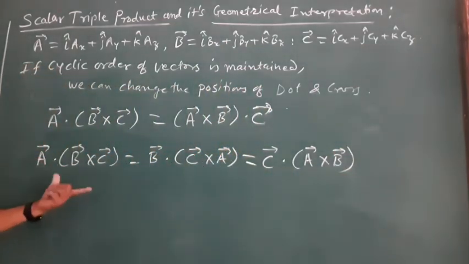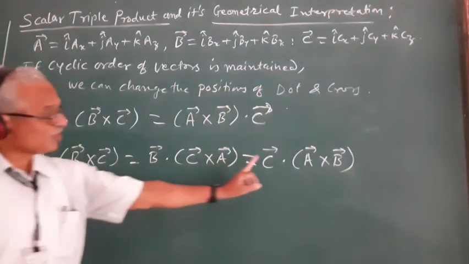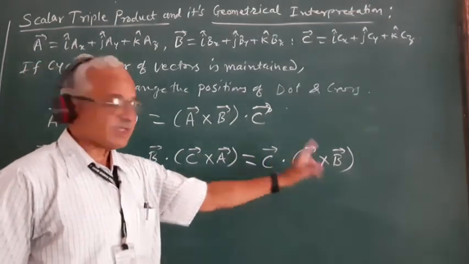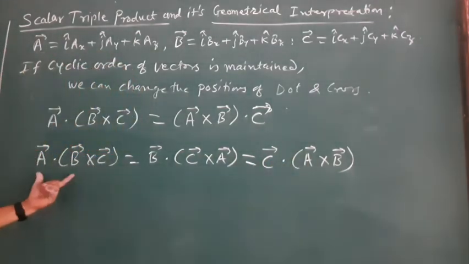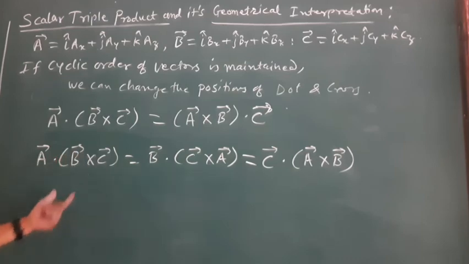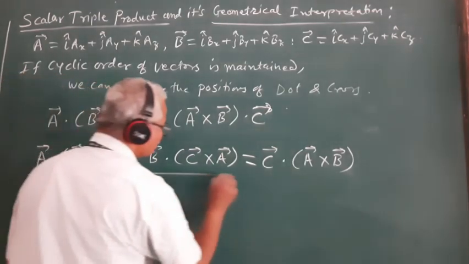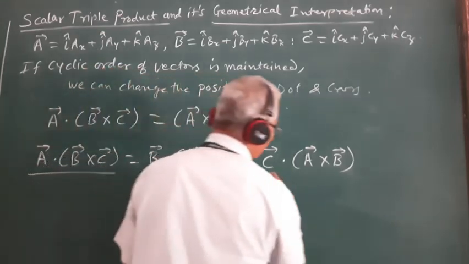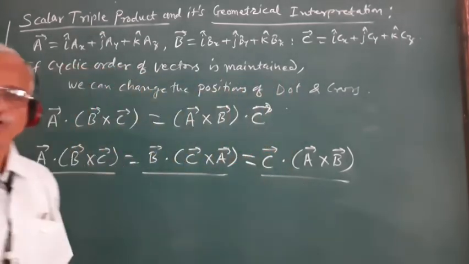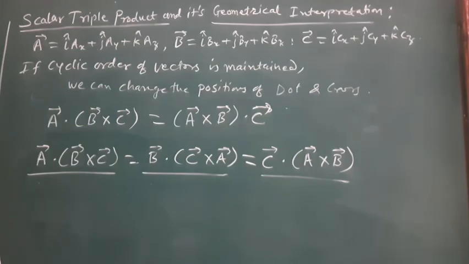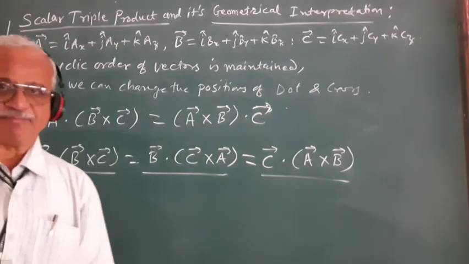So if the cyclic order of the vectors is maintained, all these three scalar products, a bar dot b bar cross c bar, b bar dot c bar cross a bar, and c bar dot a bar cross b bar, work out to be the same.